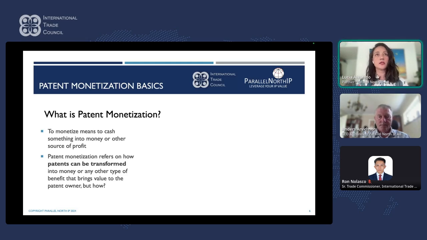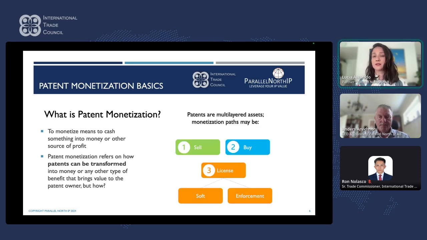But how do you do that? Because patents are multi-layered assets, and there are different paths that you can take. You can either sell patents, and of course you can do it for cash in the immediate term, or for other type of value. You can also buy patents, which you might do to enrich your current portfolio, or you can license, which is a little bit more complex because you have, in general terms, two paths.